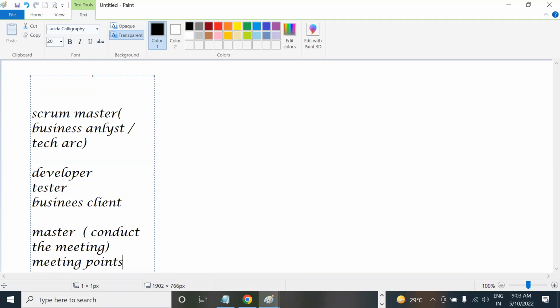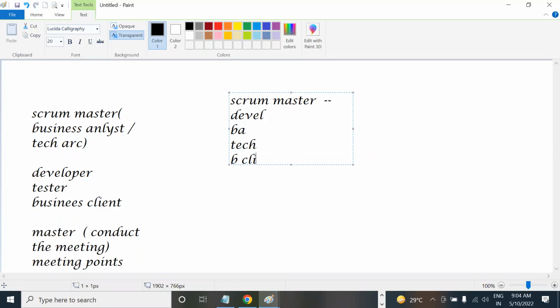But in general, in agile methodology, what are the persons that will be there? The scrum master will be there. The scrum master will be a different person, an unknown person. He is not a business analyst, he is not a technical architect. Then developer, business analyst, technical architect, and business client will be there.